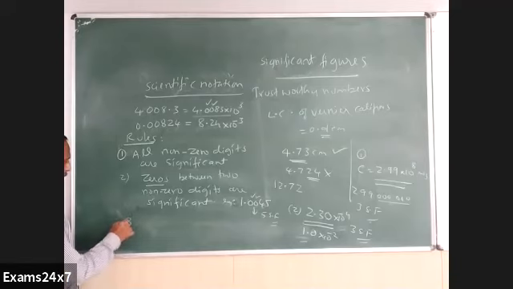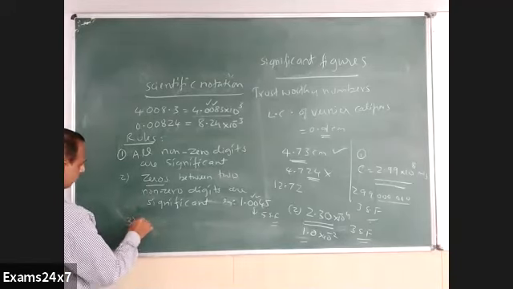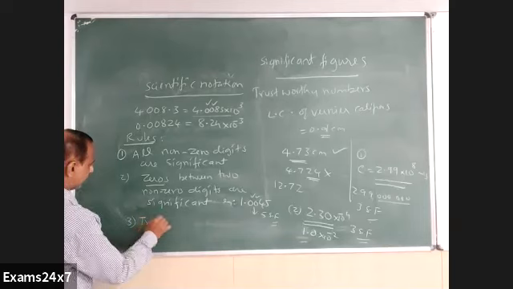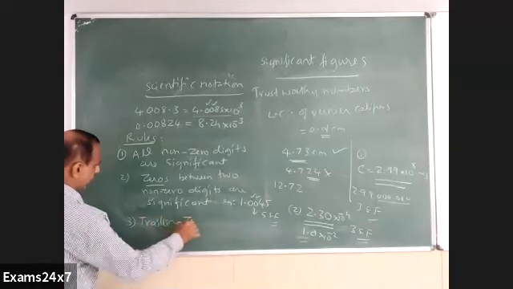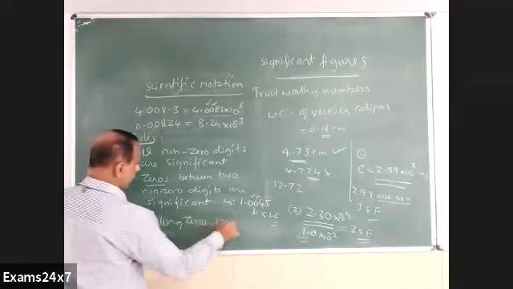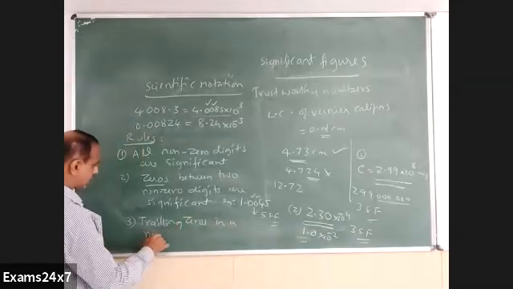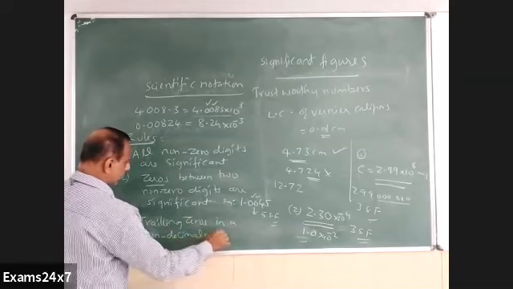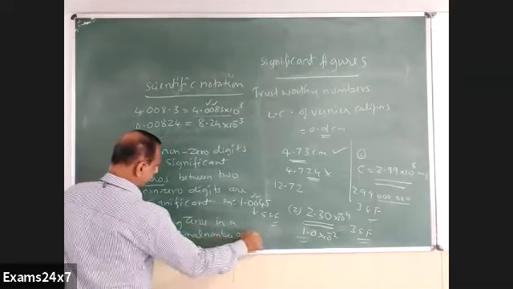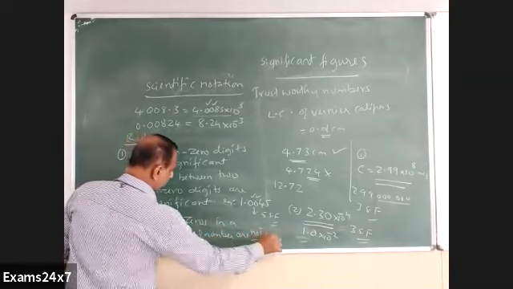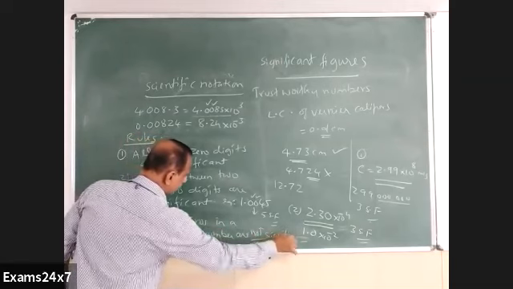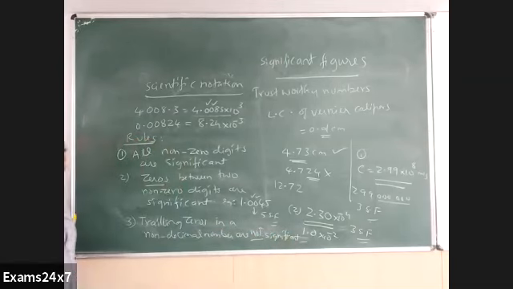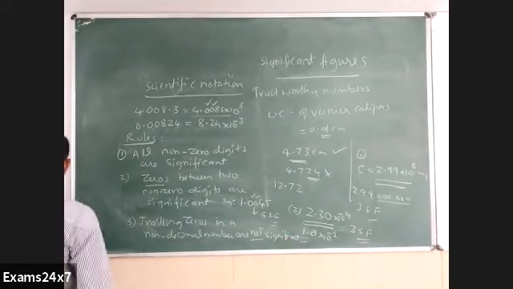Okay, third rule. Trailing zeros in a non-decimal number are not significant. What is the meaning of this?